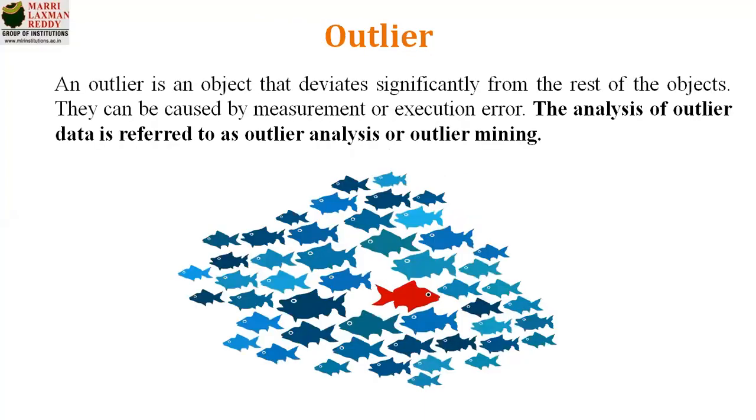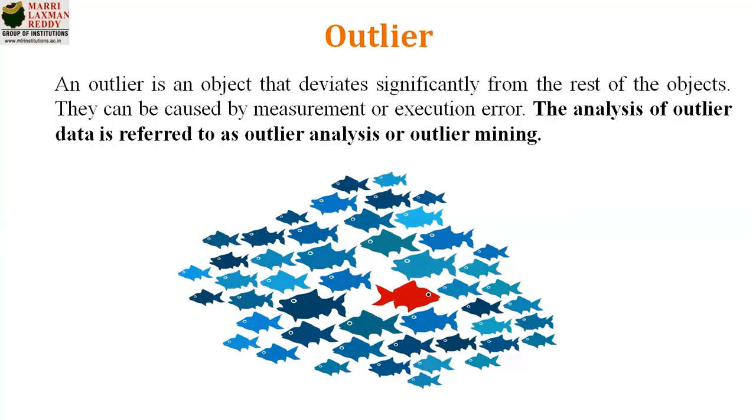So moving ahead, I hope this image will give you a clearer indication of what an outlier actually is. As you can see here, there is a group of fishes indicated in different colors. One is sky blue, one is navy blue, and the only one here is in red color.